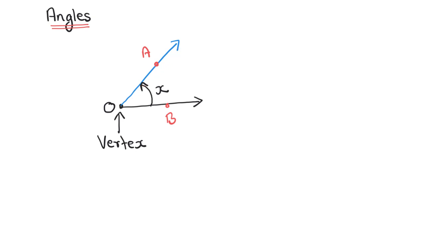Okay. So now, how do we represent these angles? There are 3 ways of writing this angle. We can simply write it as angle O. That's one way. Or you can write it as angle AOB.